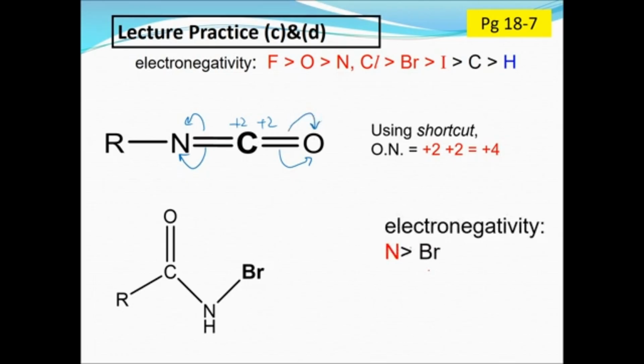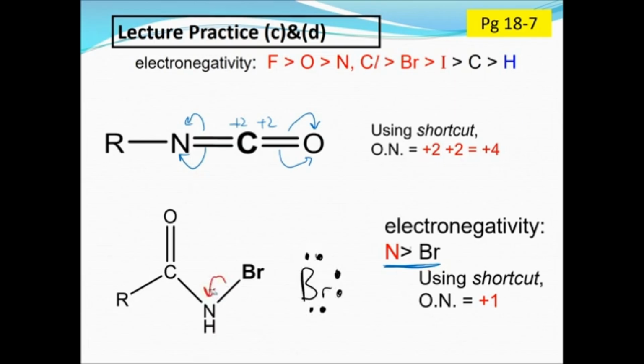The last one is an A-level example. The exact A-level question is just to state or suggest the oxidation number of bromine. What it requires you to recall and understand is the electronegativity difference here. Both electrons would move towards your nitrogen, so in that context, you expect your bromine to be at a +1 oxidation number.